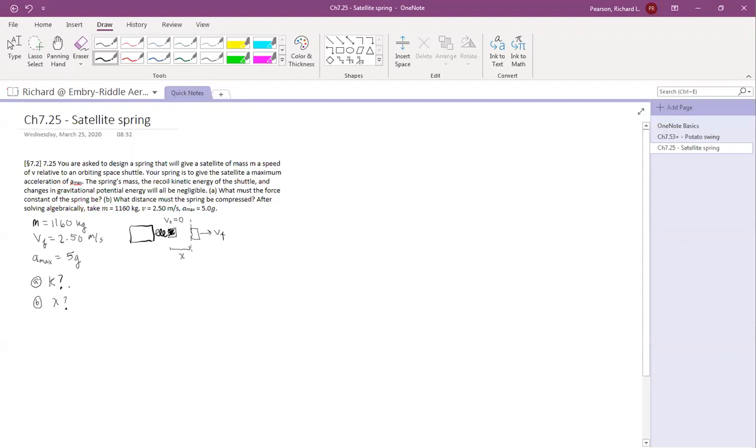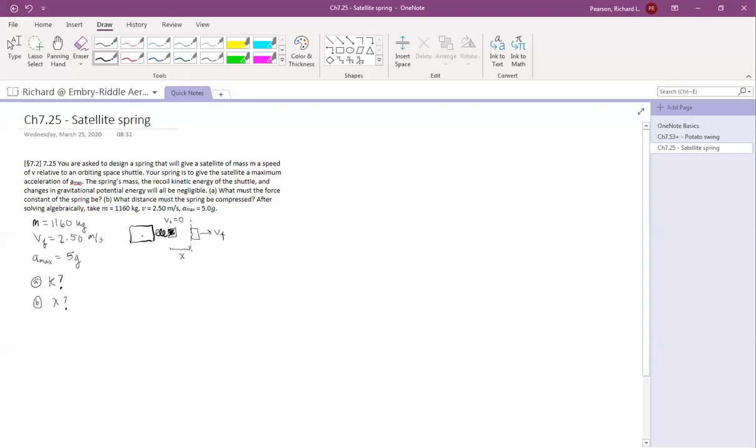Anyway, we'll just state them here so we know what they are at first. So this recoil kinetic energy, which means, right, for every force there's an equal and opposite force, but it basically means that the velocity the space shuttle feels as it recoils is essentially 0.